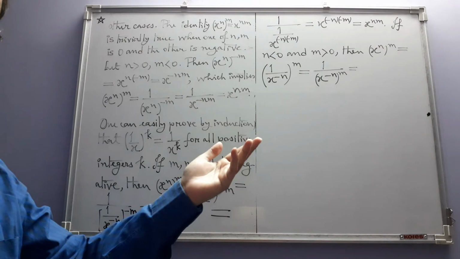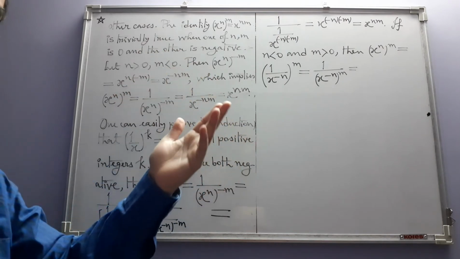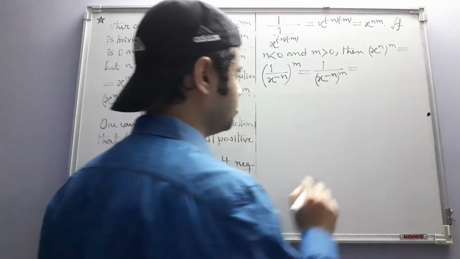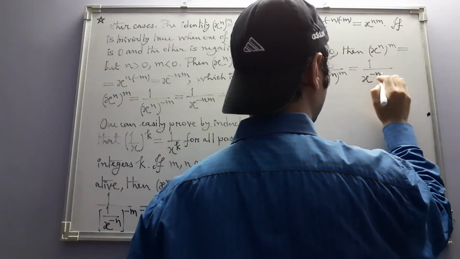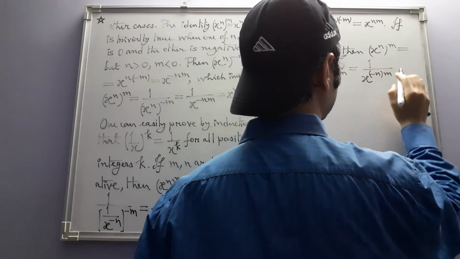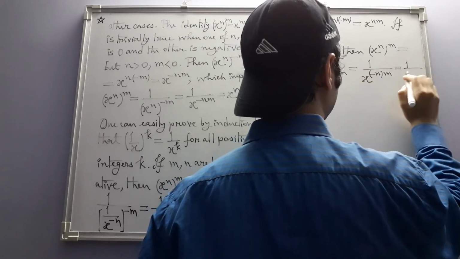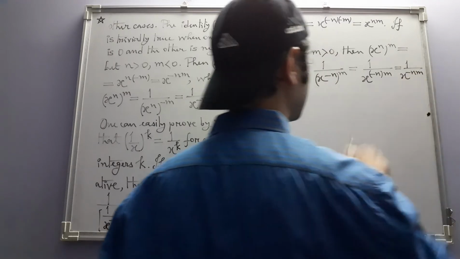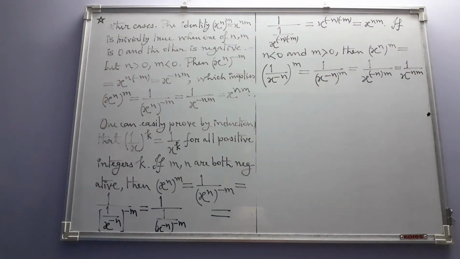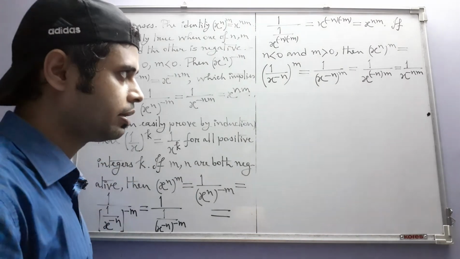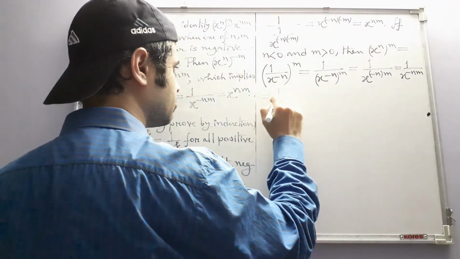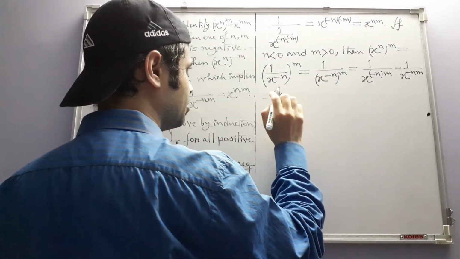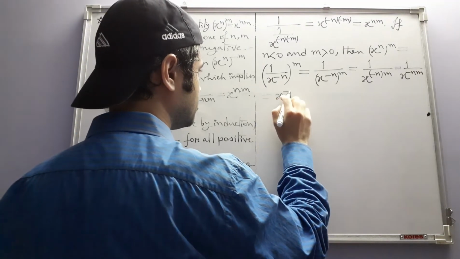So this is a place where we can use our original rule of exponent from the previous proposition. So this gives us minus n times m, which is 1 by x to the power minus nm. Now m and n are of opposite signs, so their product nm is negative, minus of that is positive. So by definition this is equal to x to the power minus of minus nm.